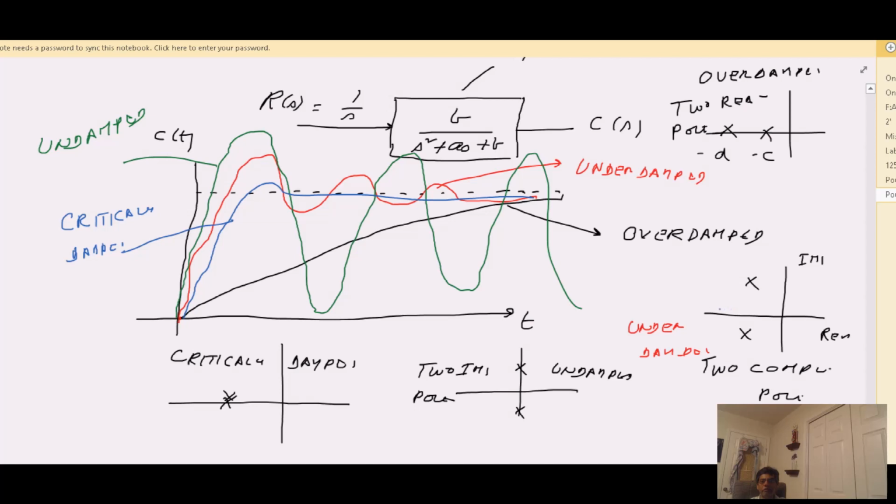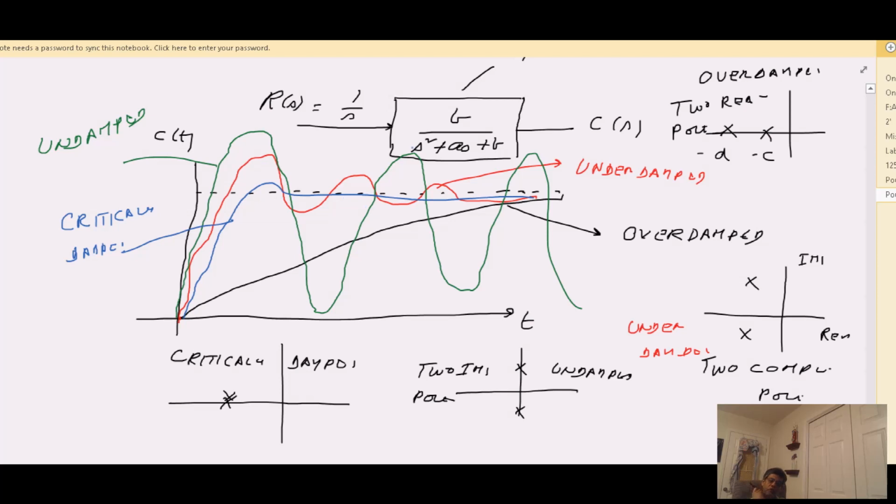An underdamped system is going to go there, oscillate, and then come back to the original position. Then you have what we call an undamped system, which means you have two imaginary poles. The system is oscillating, so it could be marginally stable. And then we have critically damped, in which the two real poles are at the same place. That's what we really want. It goes up there and then settles down. So this is called critically damped.